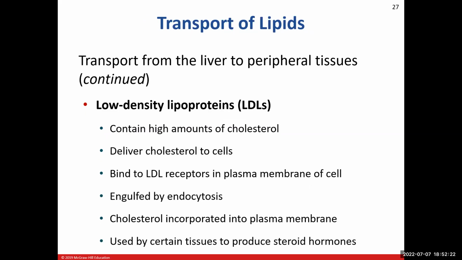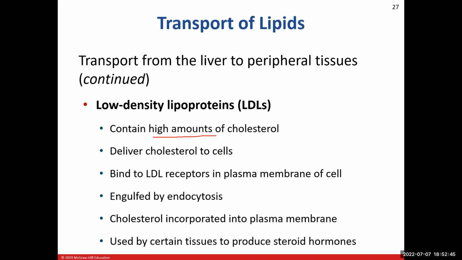So our low density lipoproteins will have less fat, but high amounts of cholesterol. Our LDLs will travel around to the cells and drop off the cholesterol.